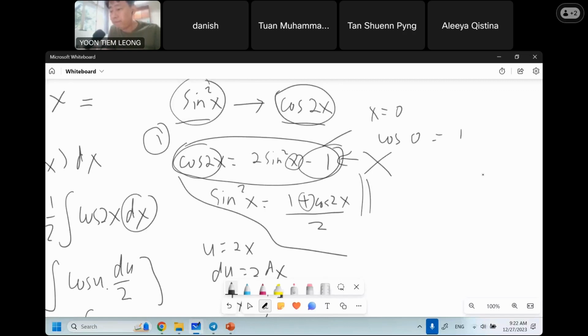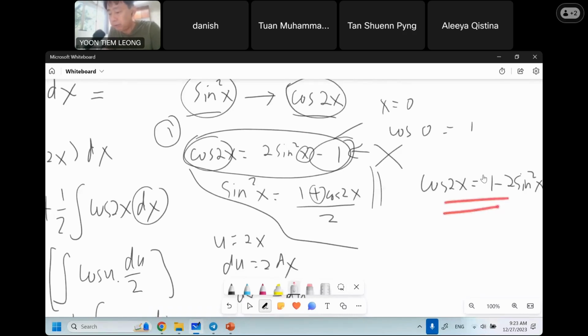Okay, so I have made a stupid mistake. That should not be the correct formula. It should be cos 2x equals 1 minus 2 sine square x instead of this formula that is wrong. So all the formulas that I obtained would differ by a sign. Anyway, we have to correct my wrong calculations.